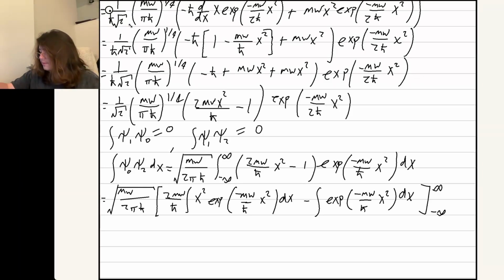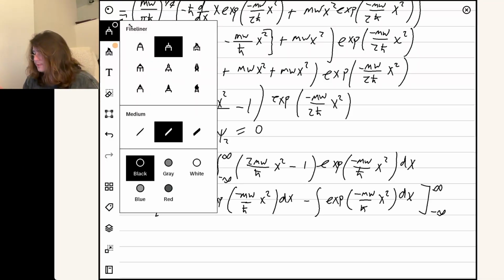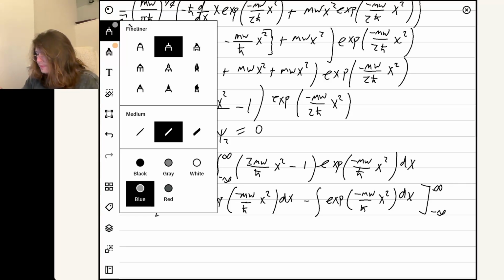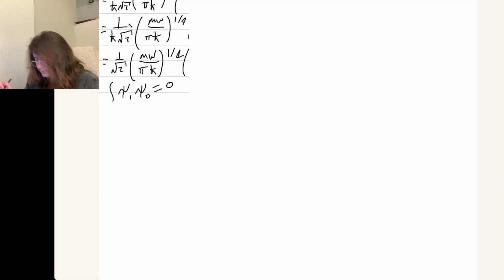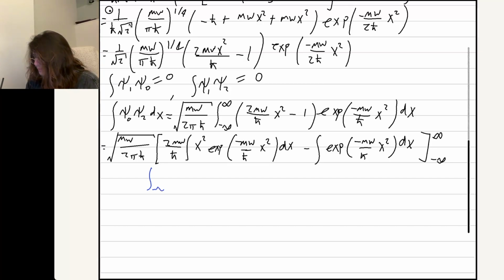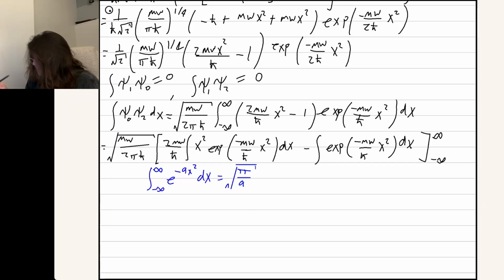And I'm going to use the familiar results of a couple of different table integrals, those being from minus infinity to infinity, e to the a x squared. A is just some arbitrary constant, doesn't have to do anything with the problem. This is just a mathematical fact that this Gaussian integral gives root pi over a, right?